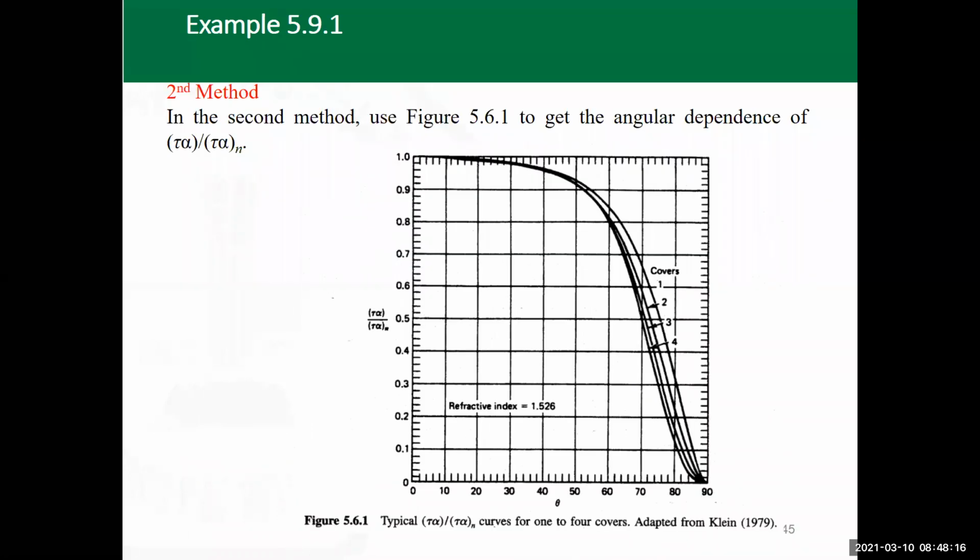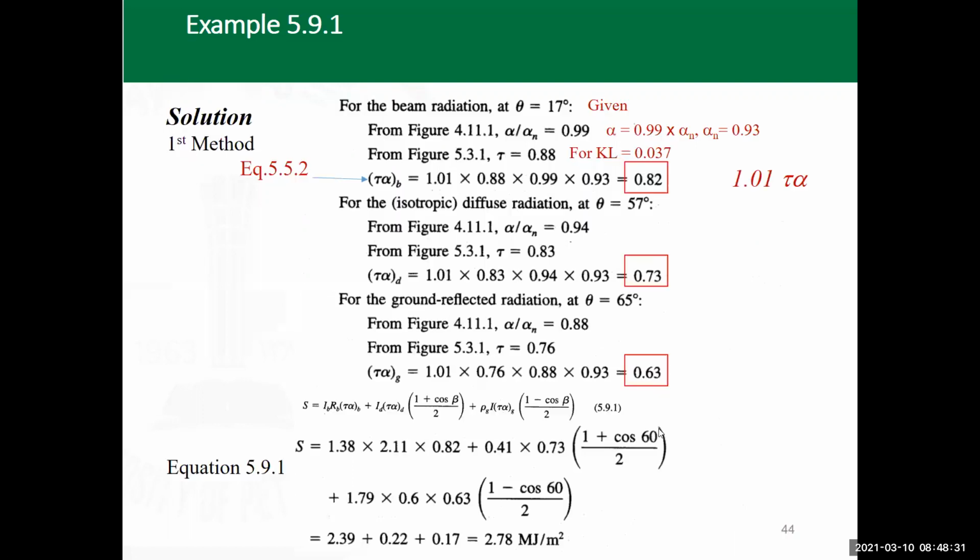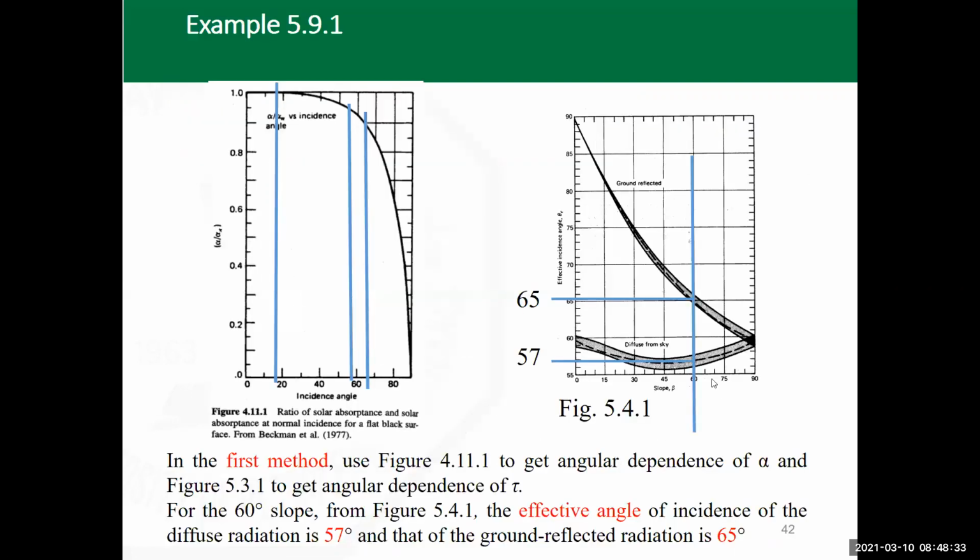The second method is shorter, because in this method, definitely after obtaining the corresponding effective angles, it is given in the problem for the beam radiation as 17, and then from figure 5.4.1, we could obtain the values for the diffuse component as well as for the ground reflected radiation.